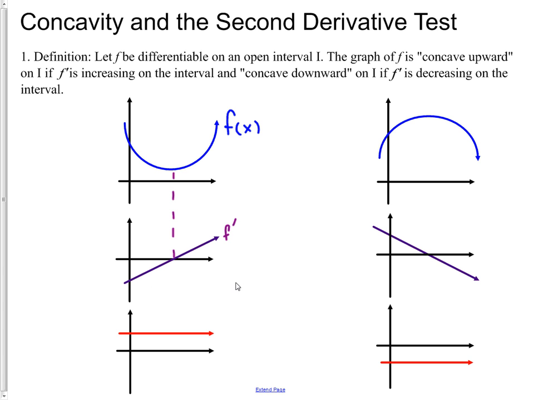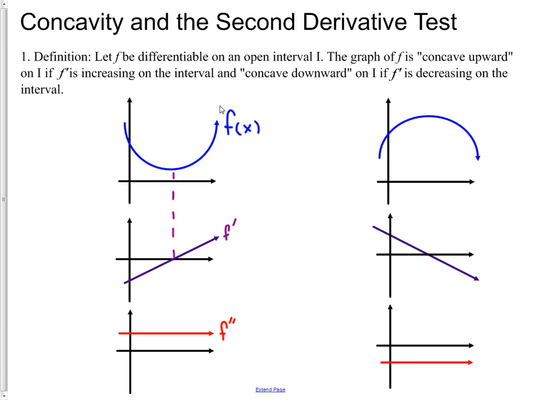And the second derivative here in red gives us a positive value for f prime, which means that f prime is increasing on the interval. Well, it certainly makes sense for us to call this shape concave up. It looks like a bowl facing upwards here, at least in this particular drawing.